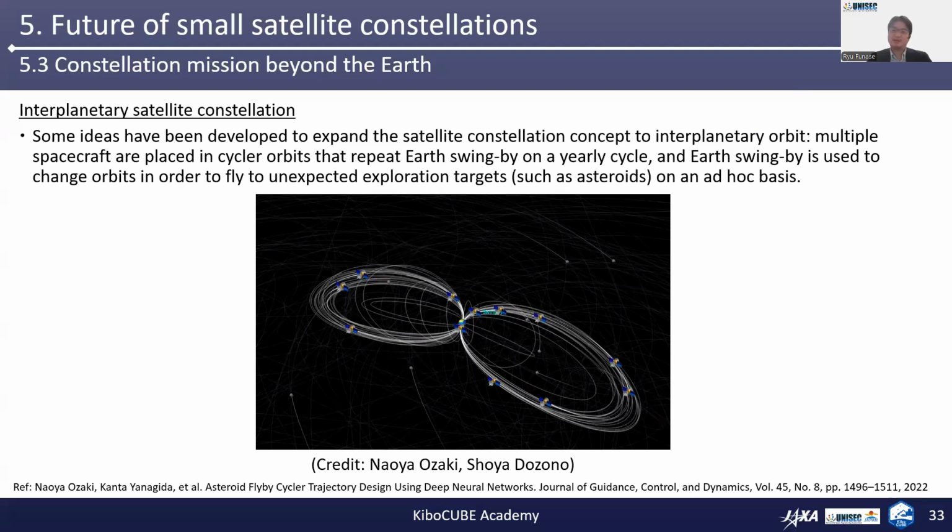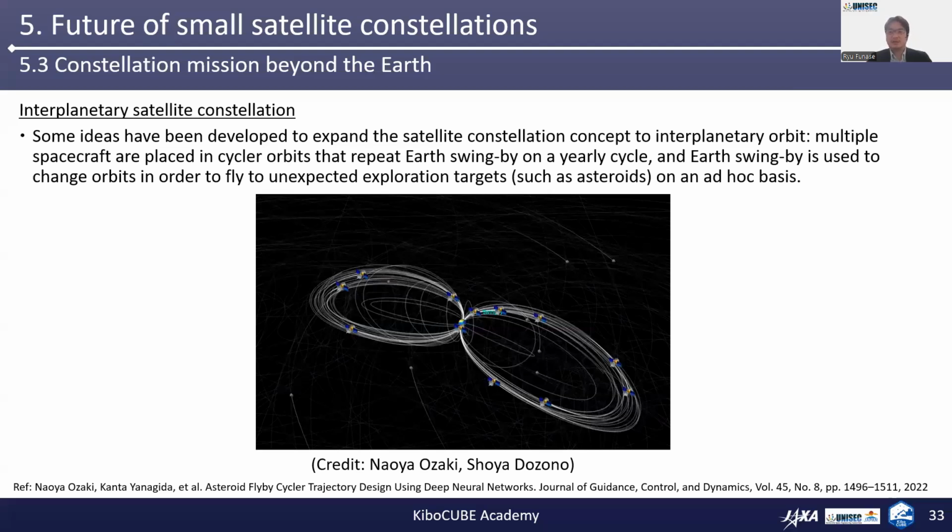By placing multiple spacecraft in such circular orbits at intervals, we can maintain the condition in which any one of the satellites returns to the Earth at a high frequency without leaving the Earth too far. Such a configuration makes it possible for one of the spacecraft to fly to explore objects that suddenly approach the Earth from outside the solar system, such as interstellar objects or long-period comets, by using the Earth swingby.